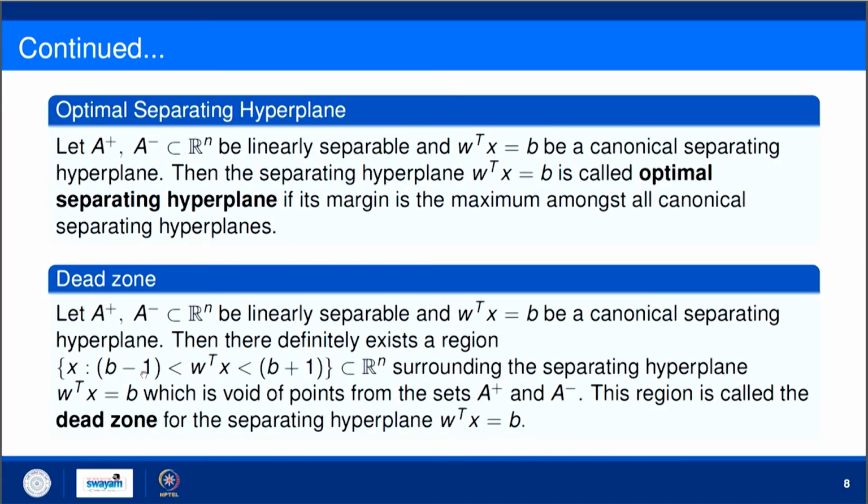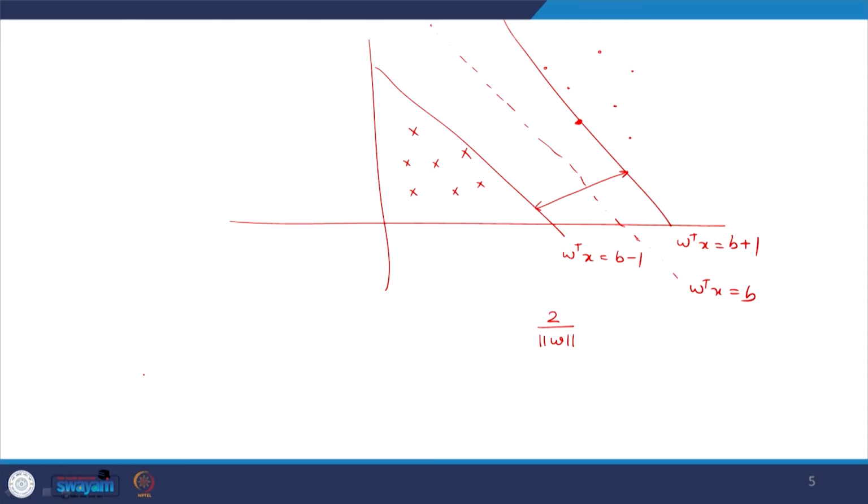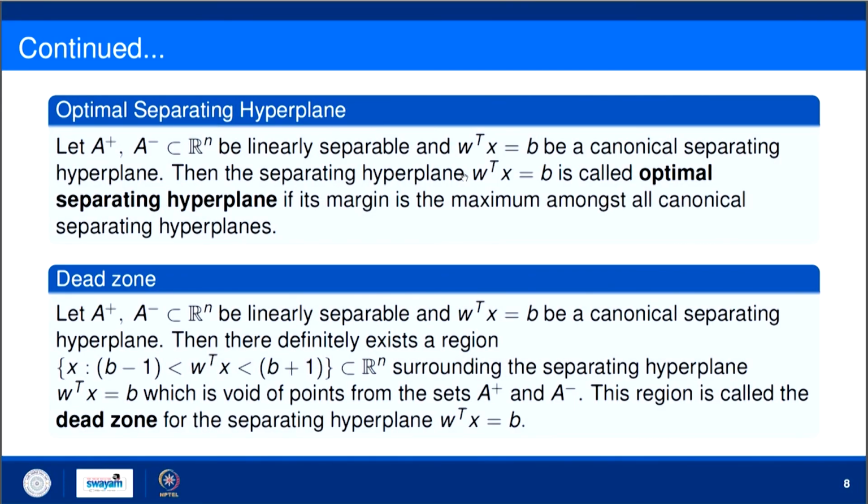Now, optimal separating hyperplane. If you see, these are linearly separable, but there are infinitely many hyperplanes which can separate these two classes. But what will be an optimal separating hyperplane? How do you find it? Suppose this is a canonical separating hyperplane.